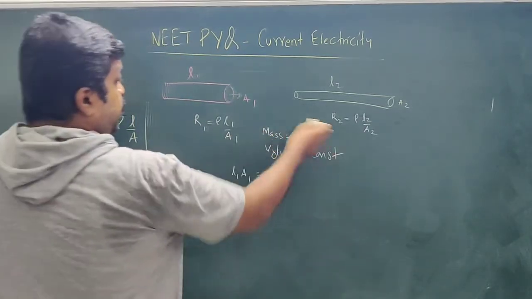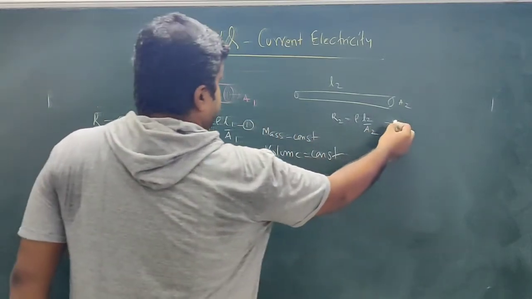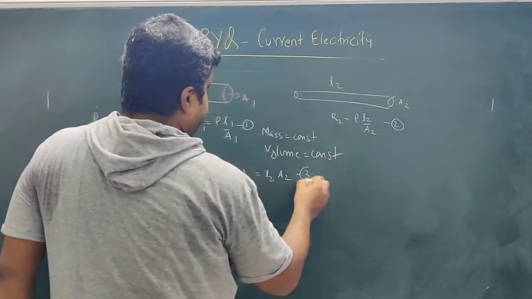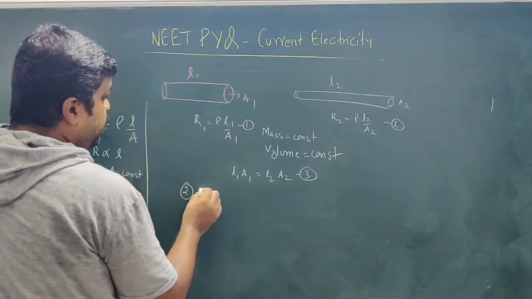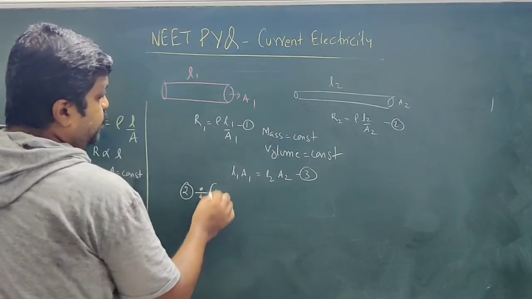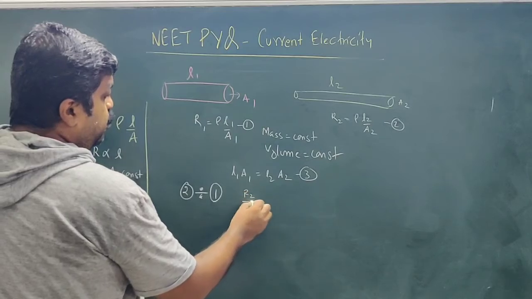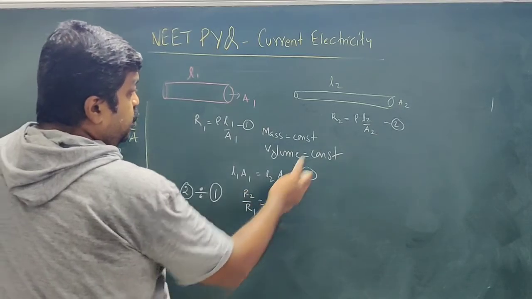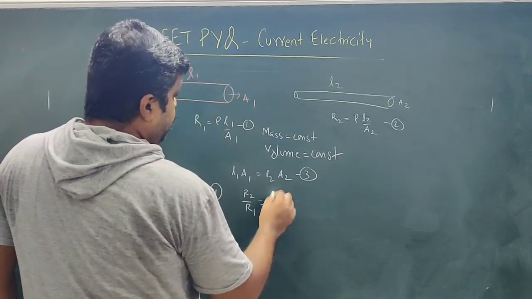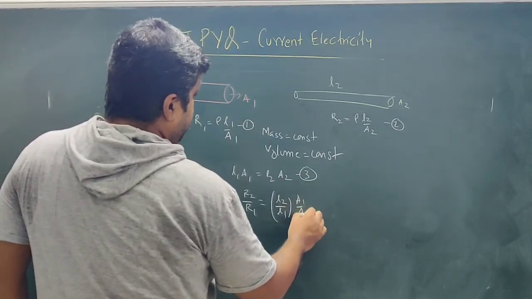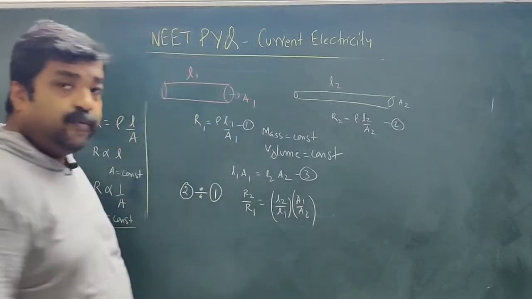So this is equation 1, this is equation 2, and this is equation 3. If we divide 2 by 1, we have R2 by R1 equal to, this rho gets cancelled, L2 by L1 times A1 by A2.